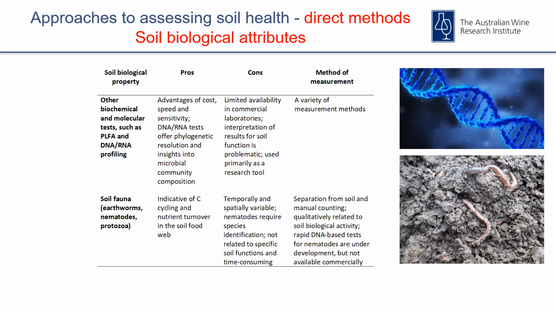And the critical ratio there for a healthy biological function is to have a ratio of at least 1% of labile carbon relative to the total soil organic carbon. And that's quite a useful indicator, which is pretty sensitive to change.